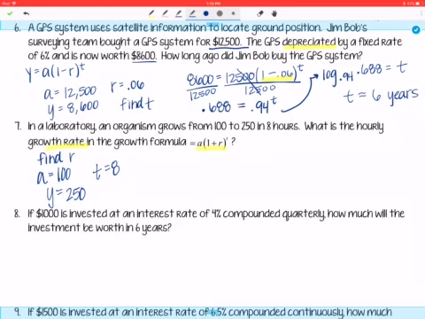So I've got 250 equals 100 times 1 plus R raised to the 8. I can start by dividing by 100, in which case I have 2.5.